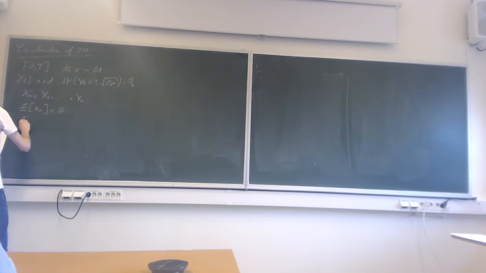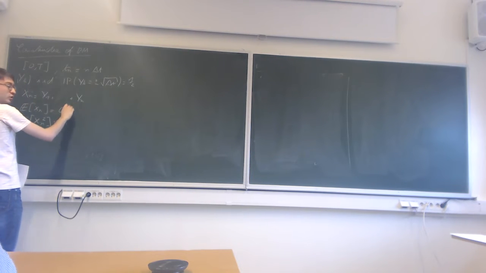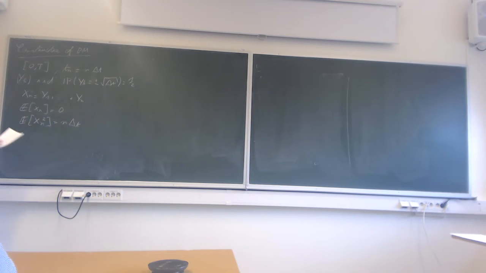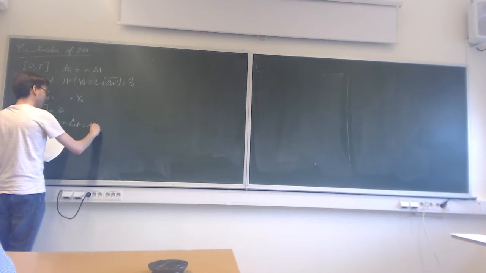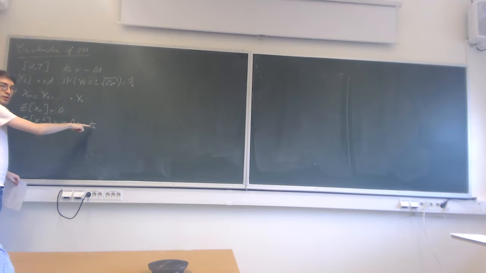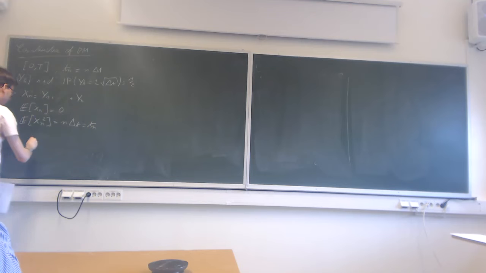Then the variance of Xn is n times the variance of each, which is delta t. This is what I call Tn. Now, as before, we have the value of Xn at the times Tn, but not on the rest of the interval.